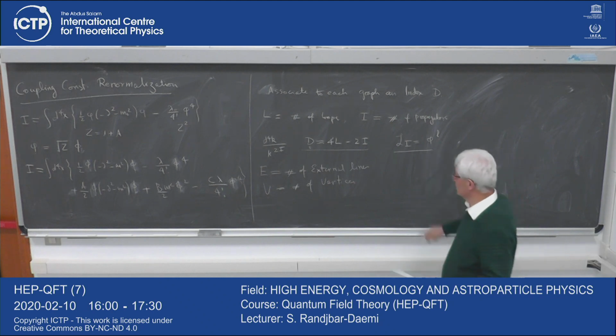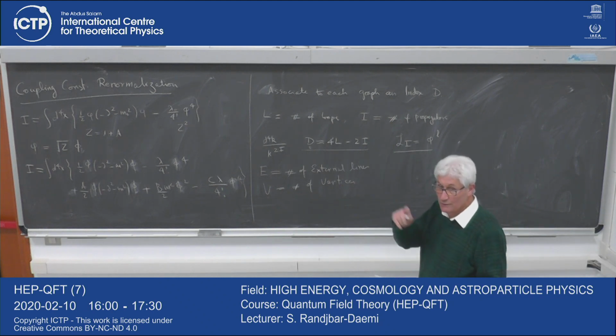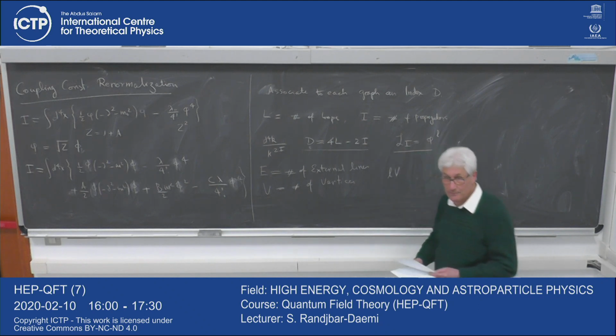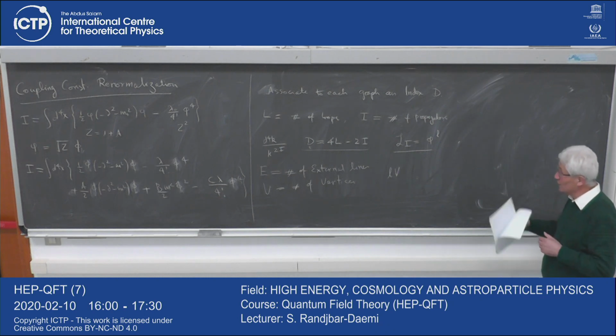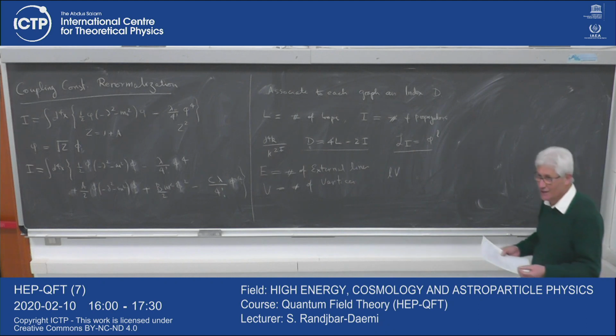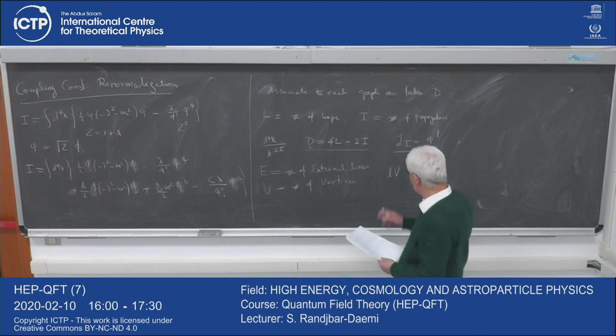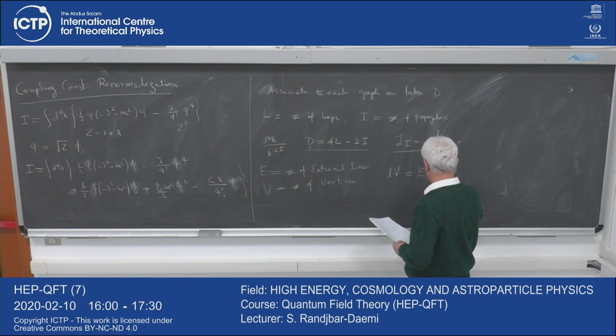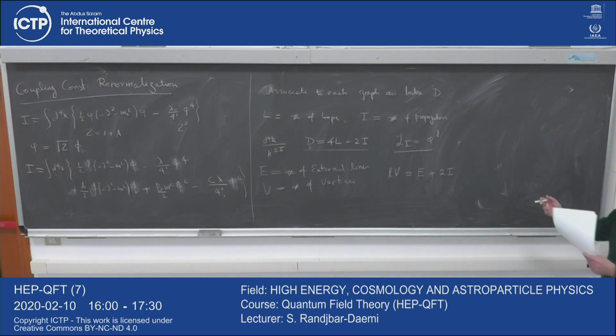So the total number of lines going from all the vertices of the graph, since there are V vertices, is L times V. Well, these lines are going to end. Either some of them will be external lines and some of them will be internal lines. Each line is either an internal line or an external line. Therefore, this total number should be the number of the external lines plus 2 times the number of the internal lines. For a propagator, you have 2 vertices. Therefore, it's 2 times internal lines.